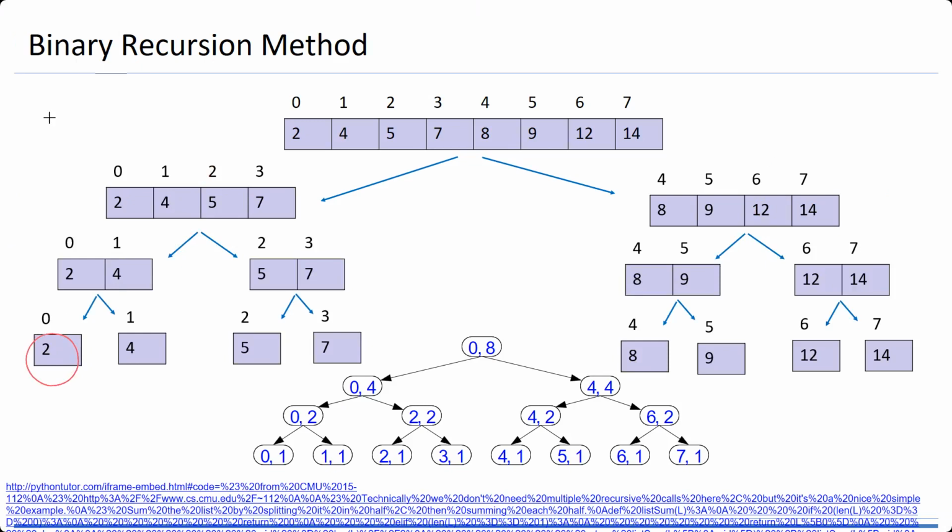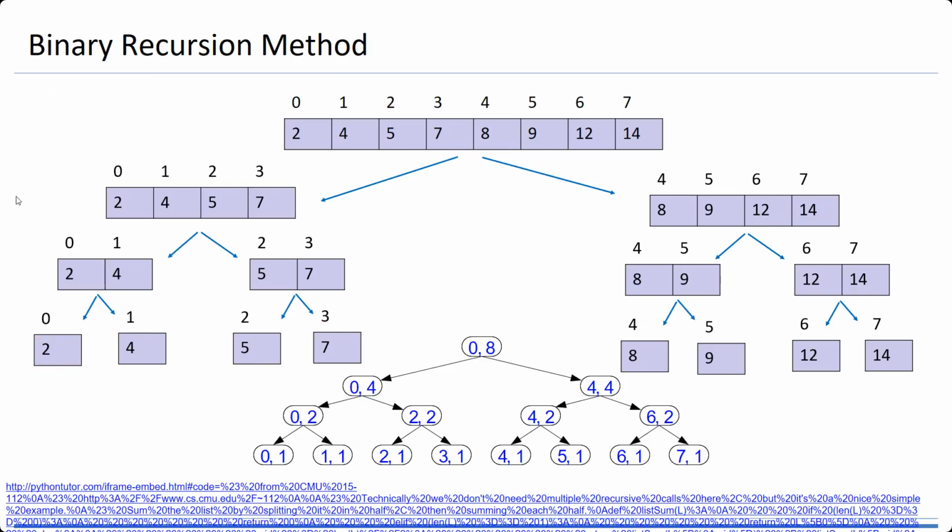Because when we decide the base case, the base refers to N equals 1. When N equals 1, we want to start with the A index I. So this is the A index I, this is the A index I, this is the A index I, this is the A index I.